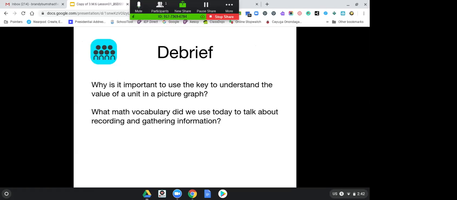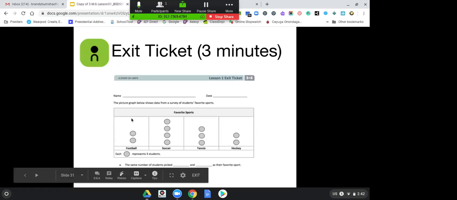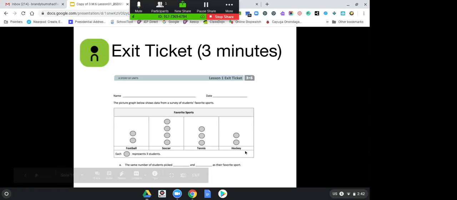So you can go ahead and try the exit ticket. I want you to tell me, if each ball or each circle represents 3, how many football, how many soccer, how many tennis, and how many hockey there would be, first of all.